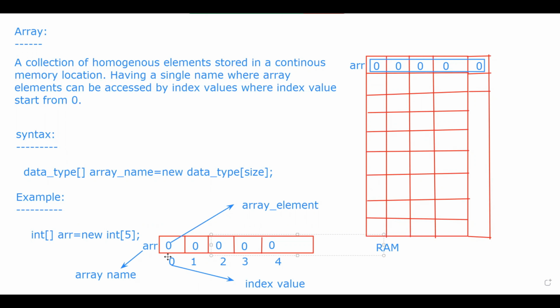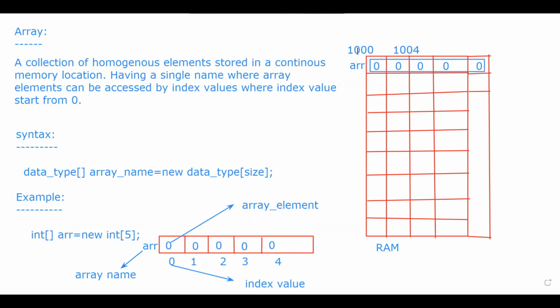Now look at the definition. Array is nothing but a collection of homogeneous elements stored in continuous memory locations. All are the same type, that is integer type data, stored in continuous memory locations. Suppose the memory address of the first 0 is 1000. Then the second element will be at 1004, because integer data in Java occupies 4 bytes of memory.